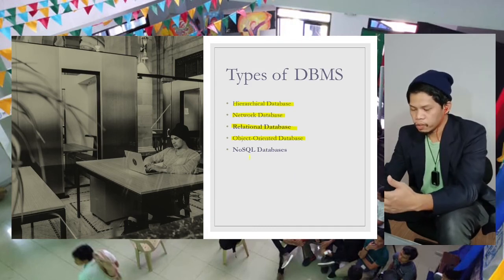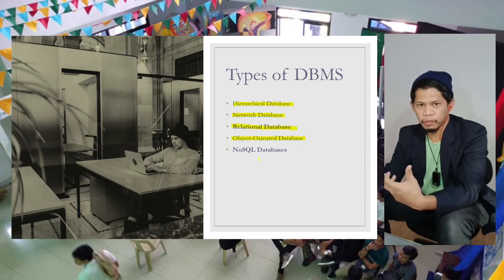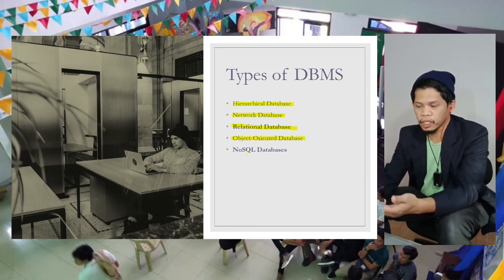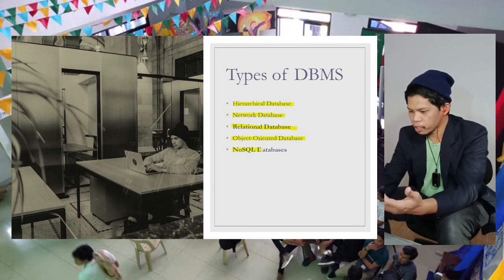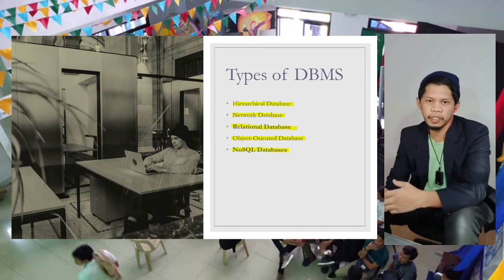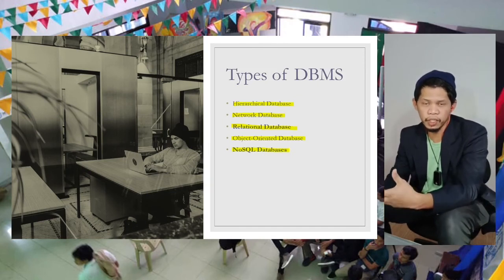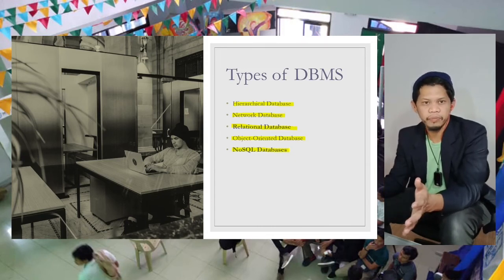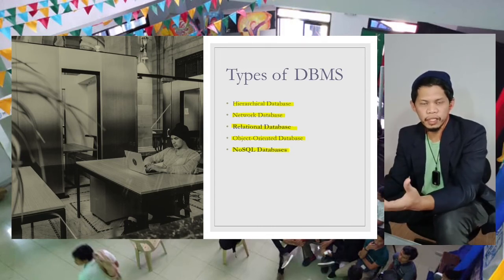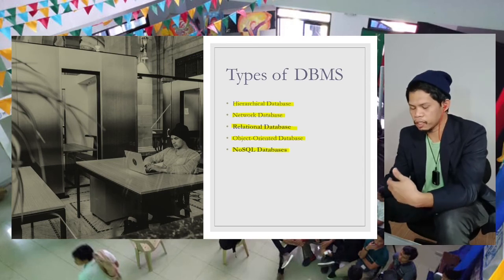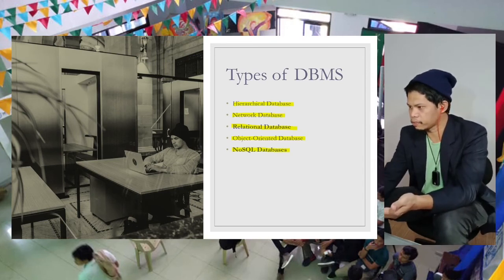A few years ago, may na-introduce na bagong technology because of the need of big data. So nag-introduce ang NoSQL database. Ang relational database is meron siyang limitations when it comes to clustering or pag-distribute ng data. So, because it was not designed for clustering, nag-introduce na NoSQL.